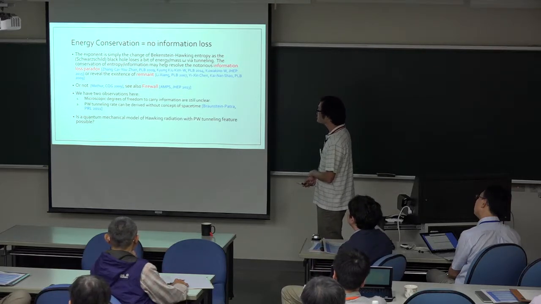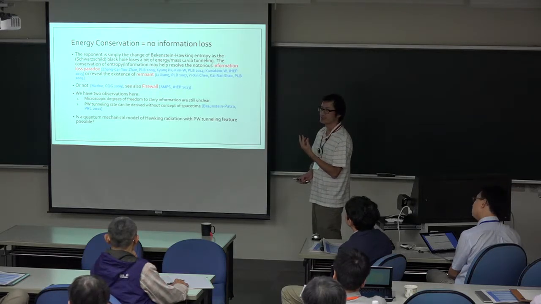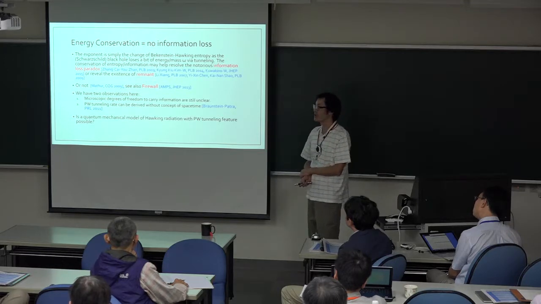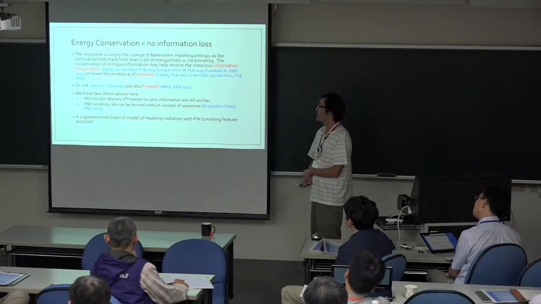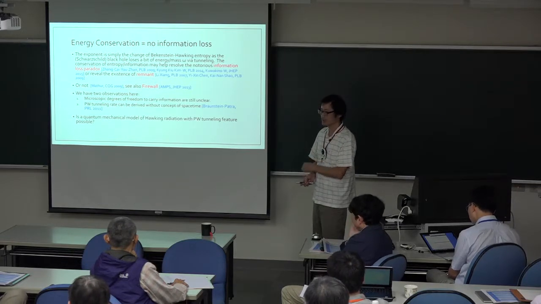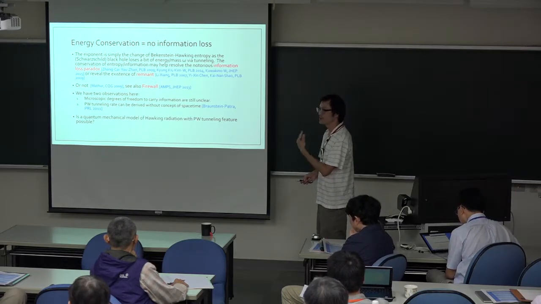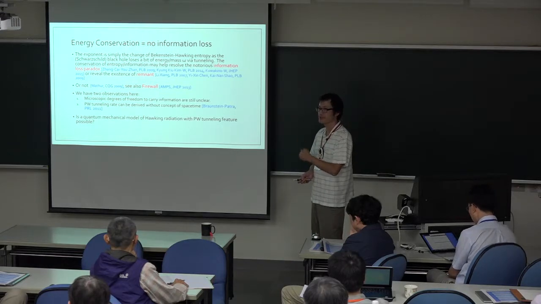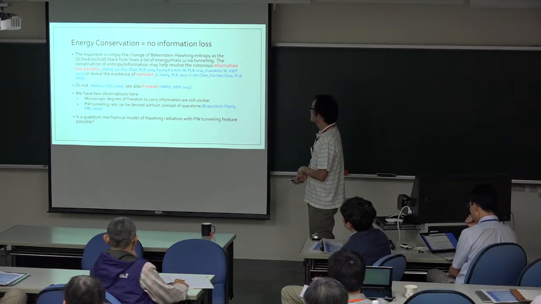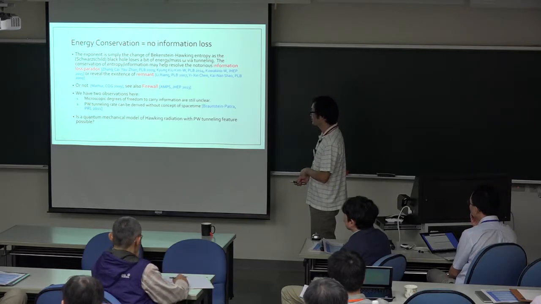I would say this is not really a resolution of the paradox, because in all this picture we play around with the entropy change, but we didn't really point out what is the microscopic freedom behind all this information or entropy. So you cannot really say this is exactly a resolution of the paradox.